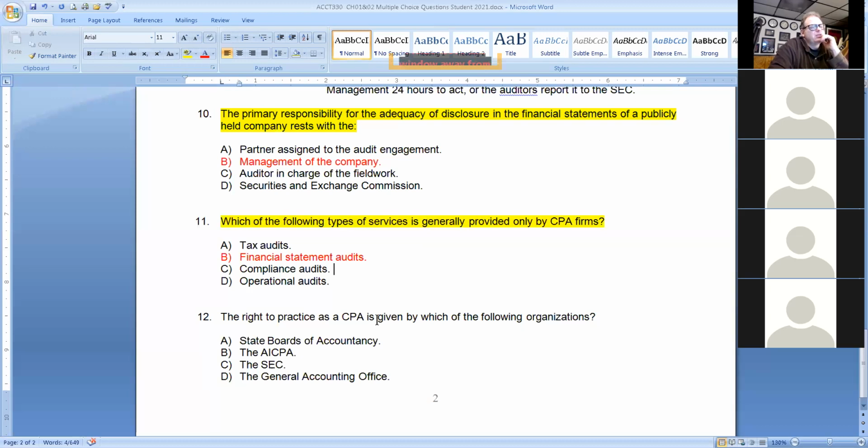So financial statement audits can only be done by CPA firms. Tax audits can be done by IRS people. They don't have to be CPAs. Compliance audits can be done by other people. Operational audits are often done by people who are not CPAs. Operational audits could be in computer design. It could be all kinds of things. So the only ones that are actually only for CPAs are the financial statement audits.